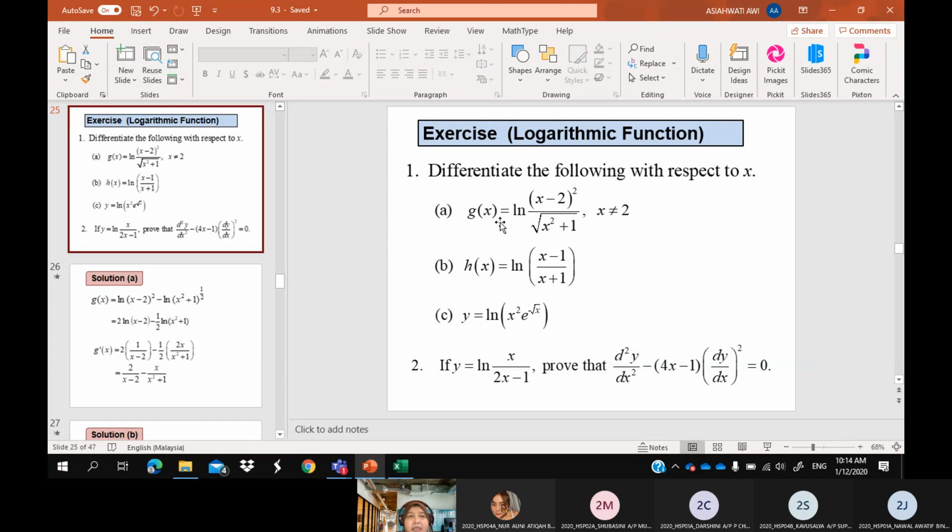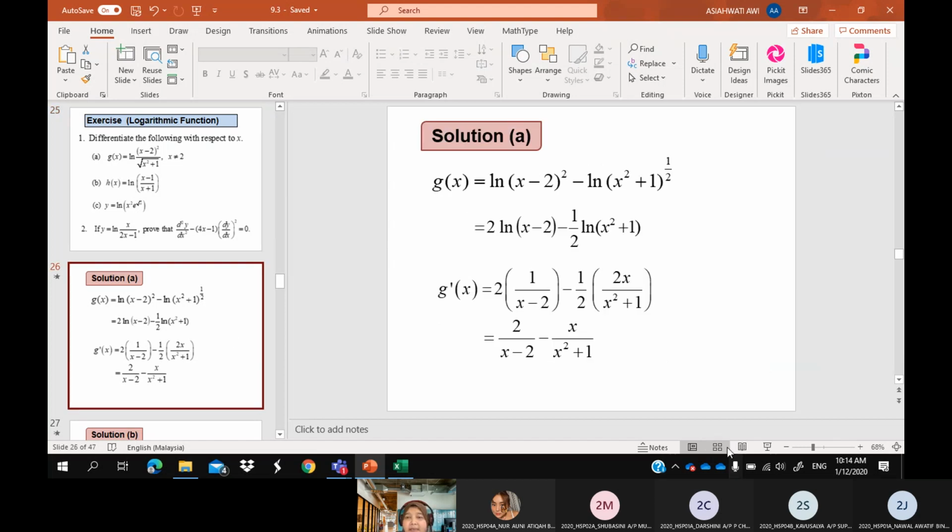So this is g(x) equals ln(m over n). Using the second law of log, it changes to this one, minus.